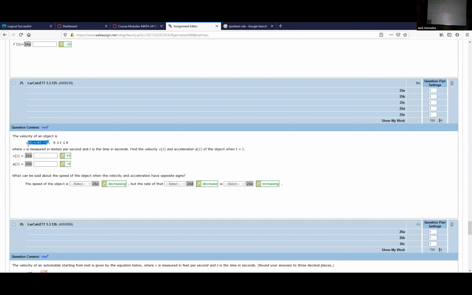You have the same function? Yes. I have a different number, -28 instead of 47. So you have t equals 5, correct? Yes. So you just plug in a 5 into this one. That'll give you part A. And then take the derivative and plug in 5 and you'll get this one.